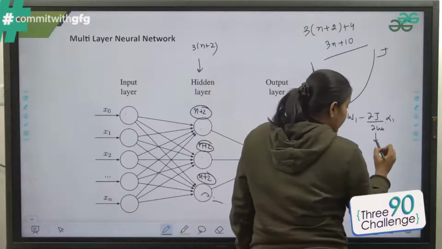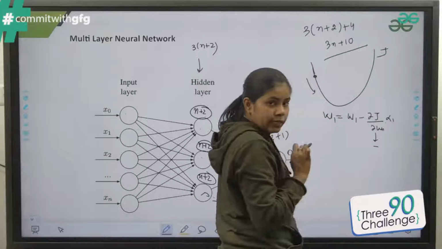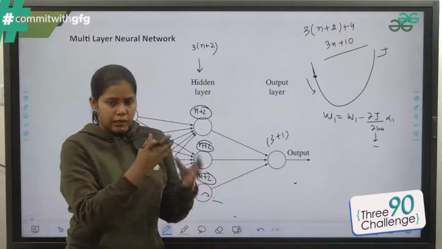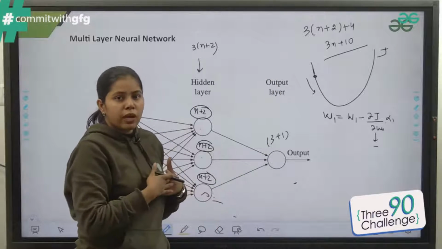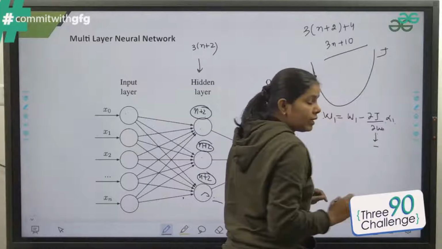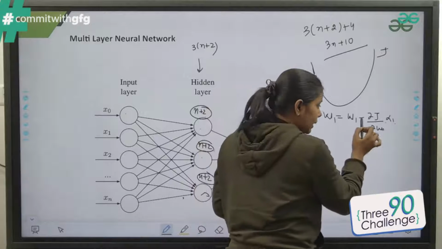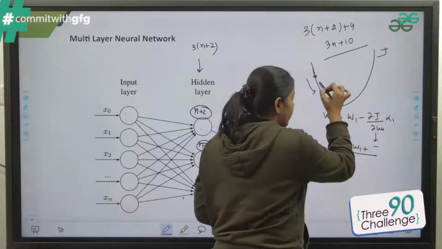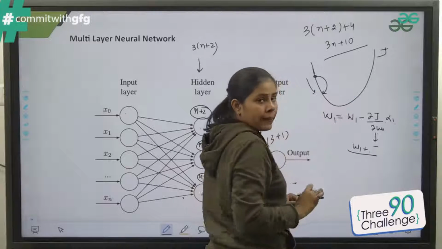Alpha is the learning rate, the step size you have to take. If you multiply del J by del w1 with alpha, you get a negative value, and negative negative becomes plus. So w1 gets added with some value, and you would reach here.